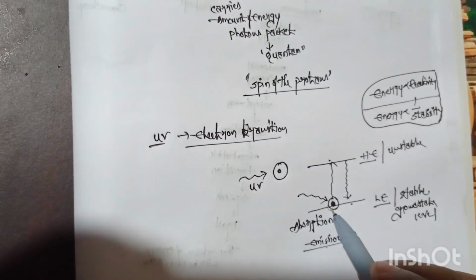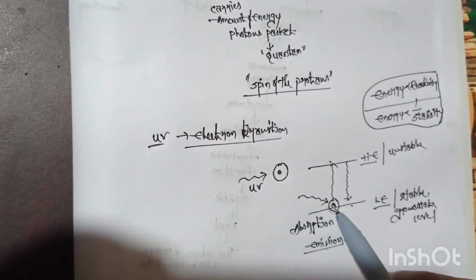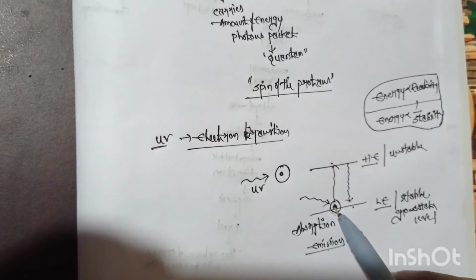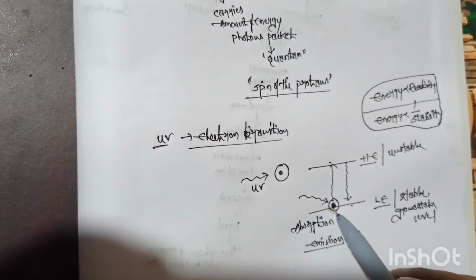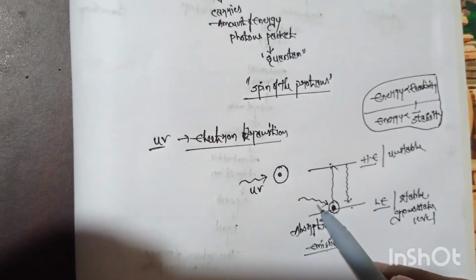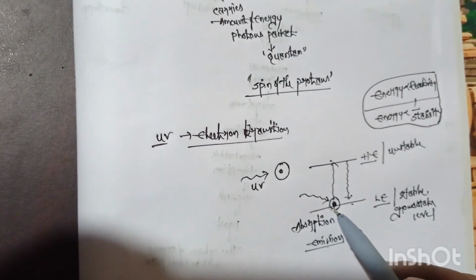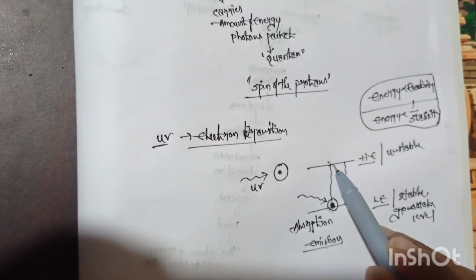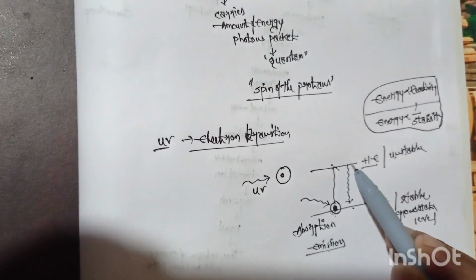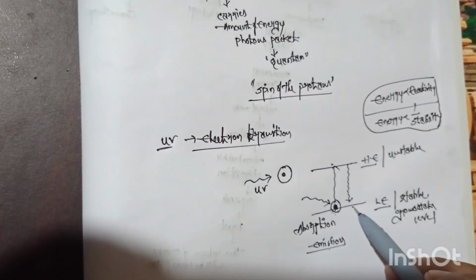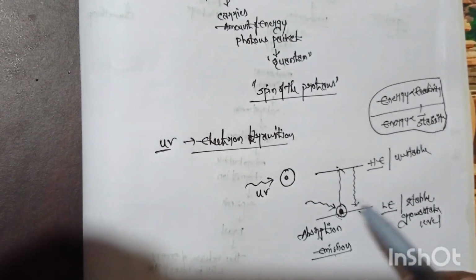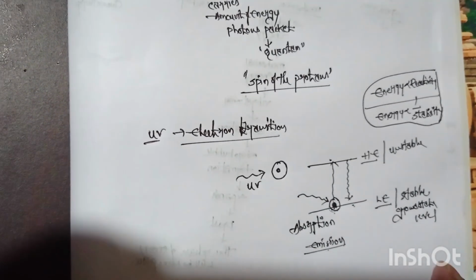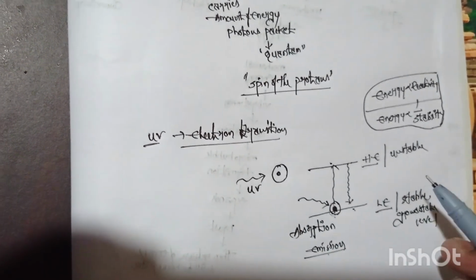Absorption takes place whenever the atom absorbs radiation from a radiation source and moves from the lower energy level to the higher energy level. After some time, from the higher energy level it reaches the ground state again, so release of energy takes place, and absorption of energy also takes place.